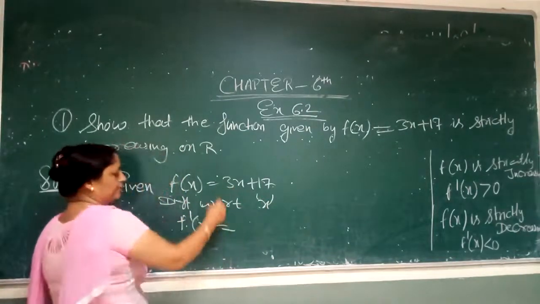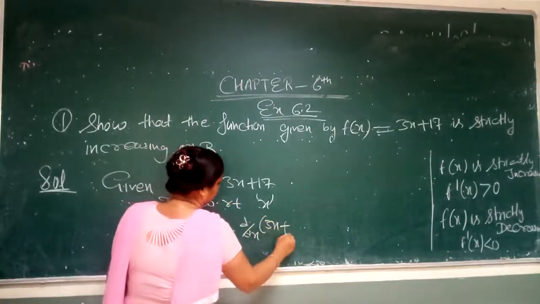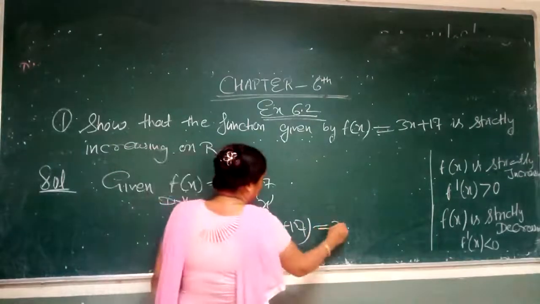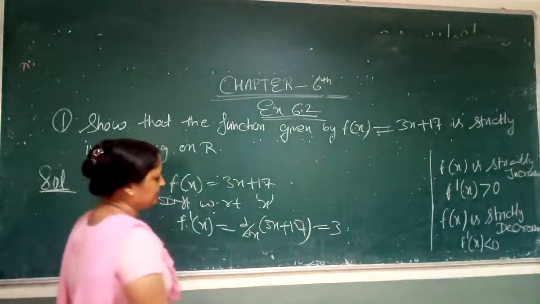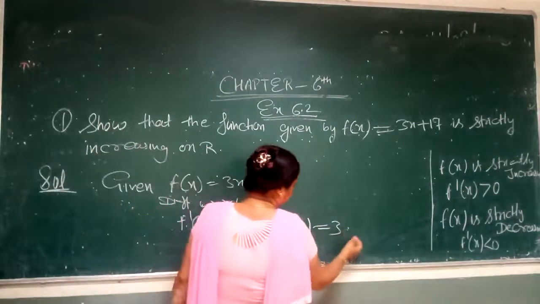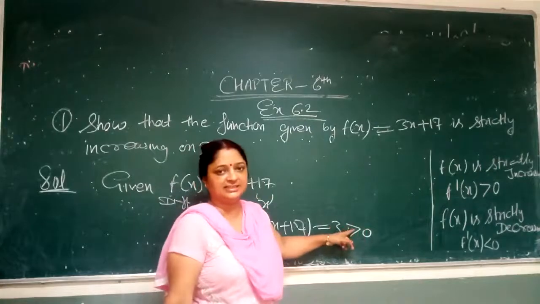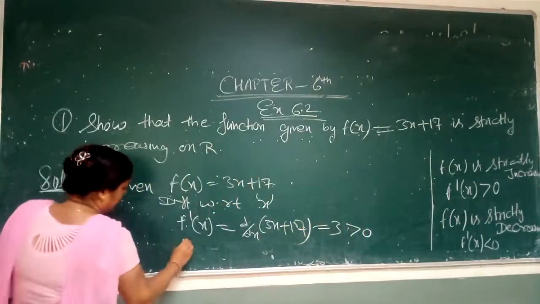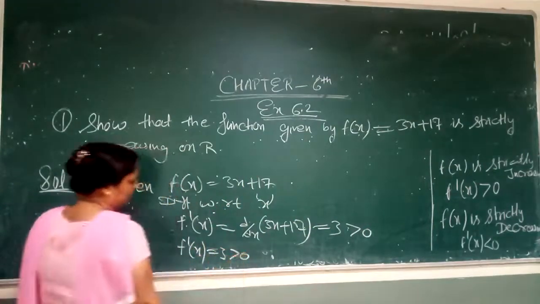Then the derivative of 3x + 17: the derivative of 3x is 3 and the derivative of 17 is 0. So f'(x) is equal to 3, which is greater than 0.